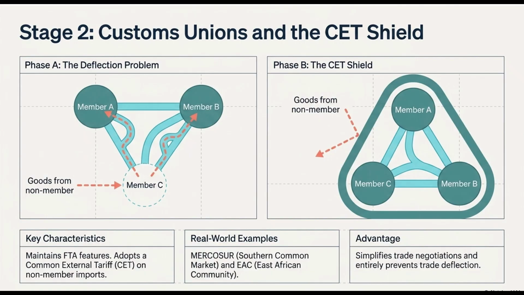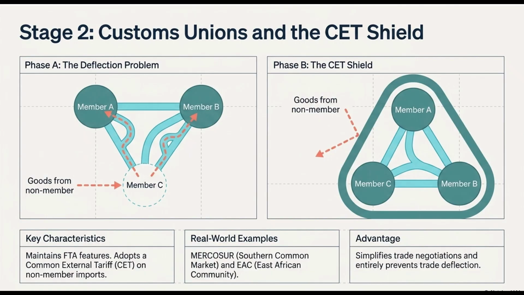Clear? So that is a customs union. The customs union simplifies customs administration and strengthens collective bargaining power during international trade negotiations. So this solves the deflection problem.